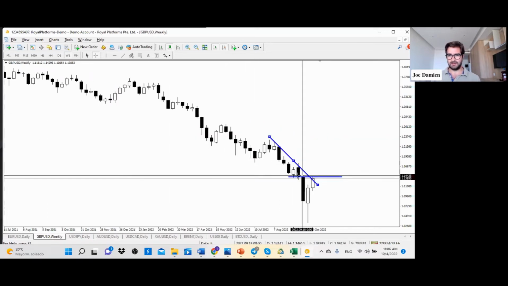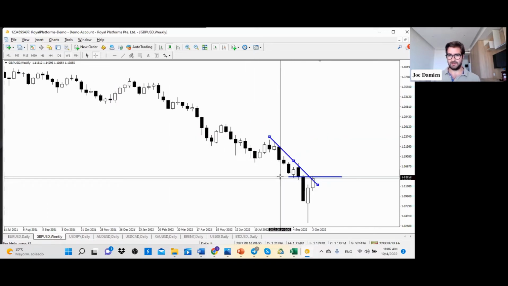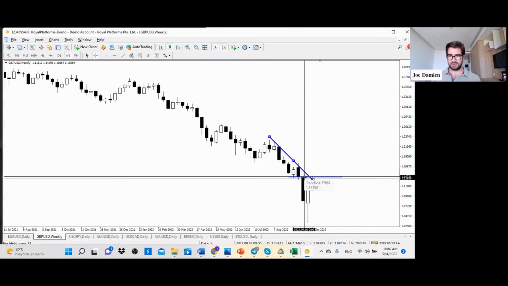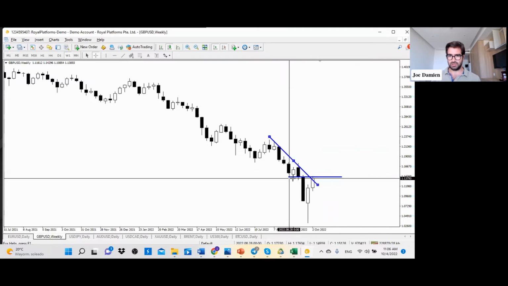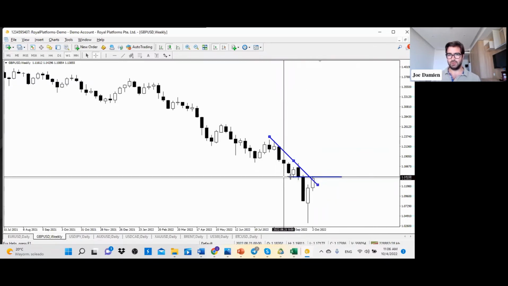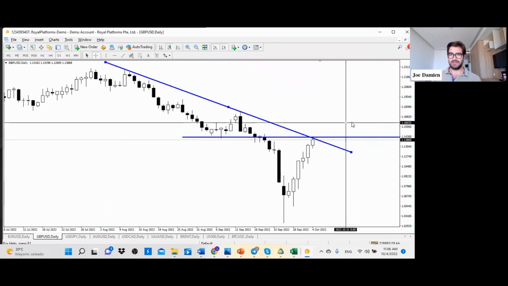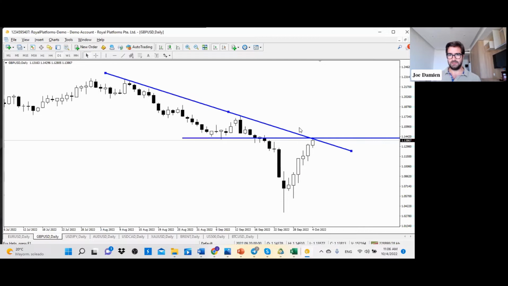You can see it, the previous opening of the weekly bar. This is the previous bar that I'm talking about. We have the opening here, which makes the new resistance, you can see. So we have an area of confluence as well. We have the bearish trend line, the resistance, and you can see now the market is respecting this.